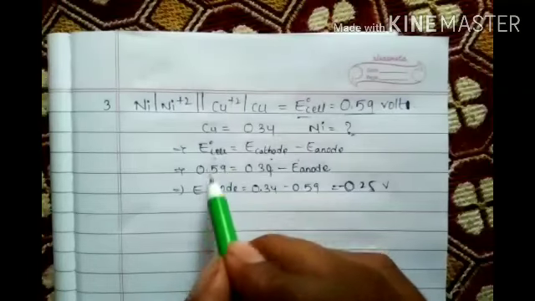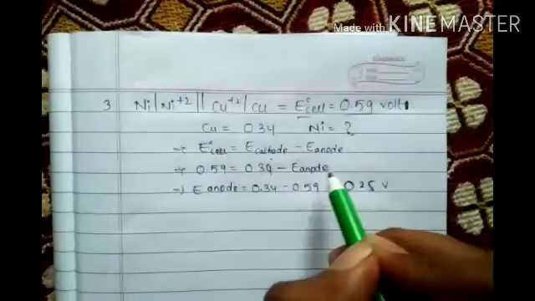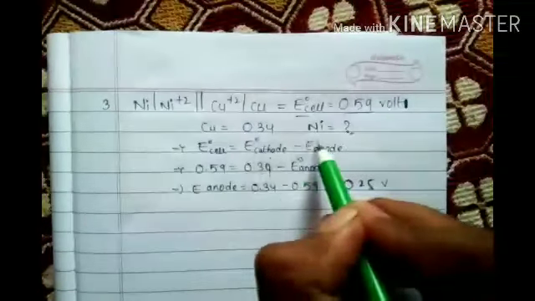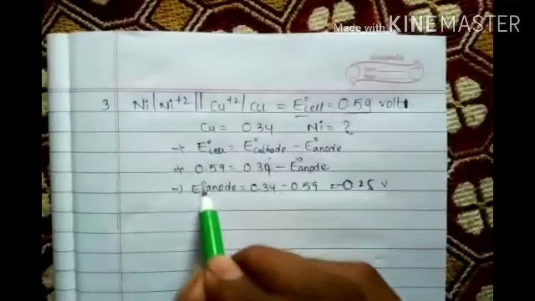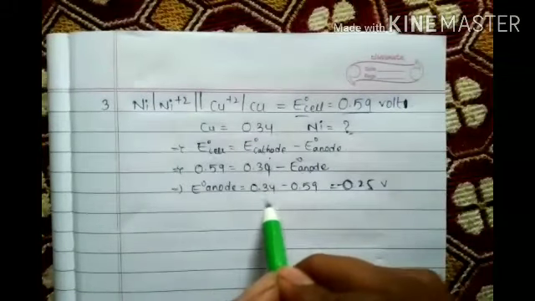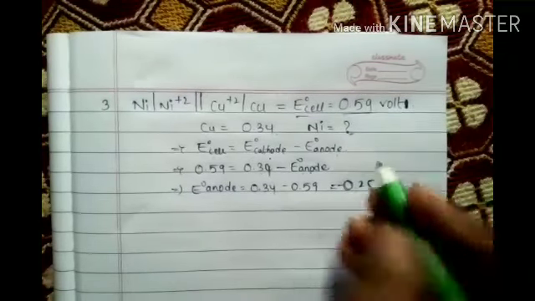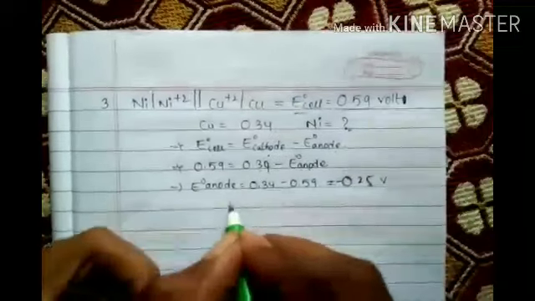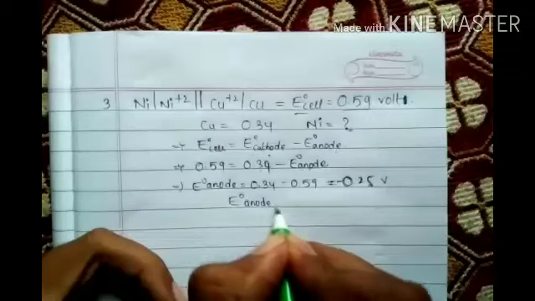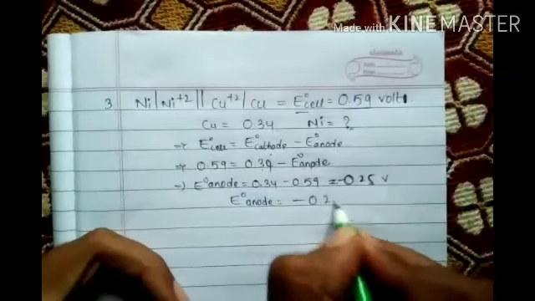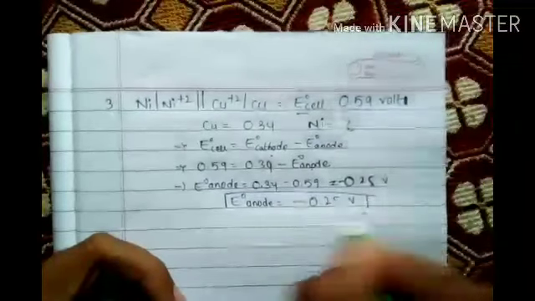E cell value we know, cathode value we know, anode value we don't know. So this value will come to this side, and E anode to the other side. Now E anode equals 0.34 minus 0.59. Got it? So E naught anode is minus 0.25 volt.